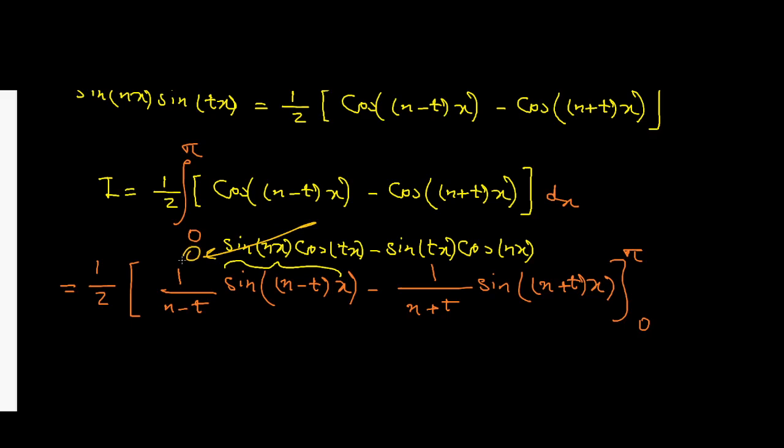From the second expression, we get 0 at the lower bound, and at the upper bound, we get negative sine of pi t times cosine of n pi. So we get 1 over 2 times 1 over n minus t times negative sine of pi t cosine of n pi.